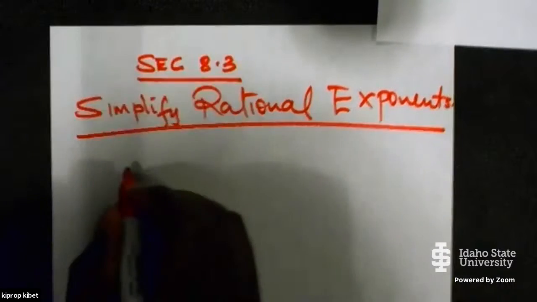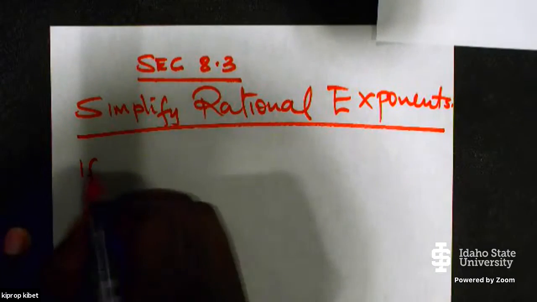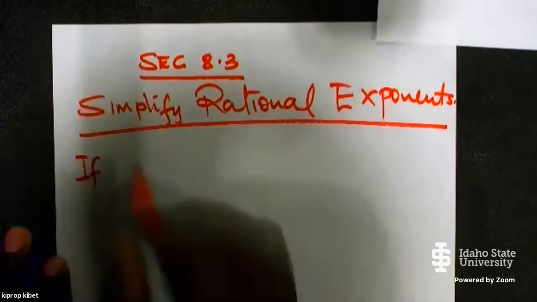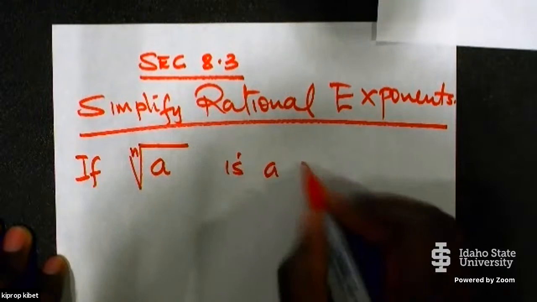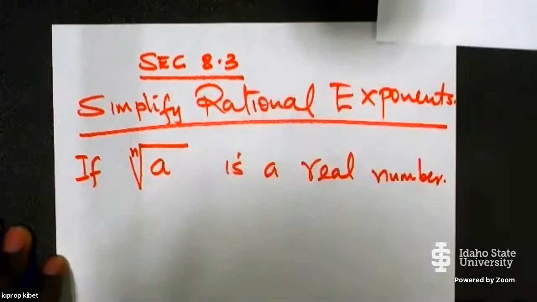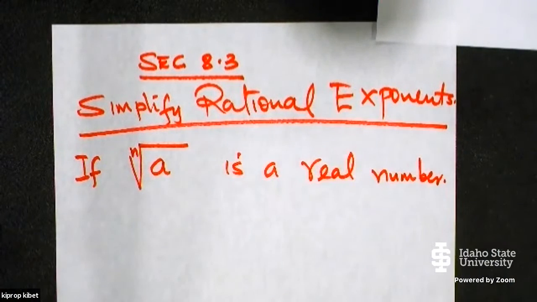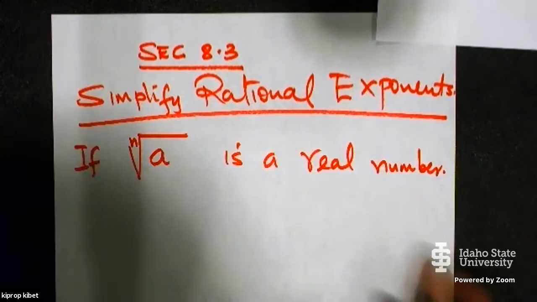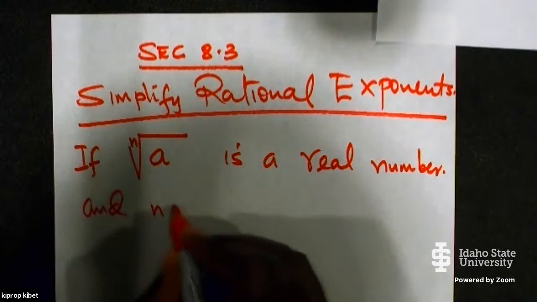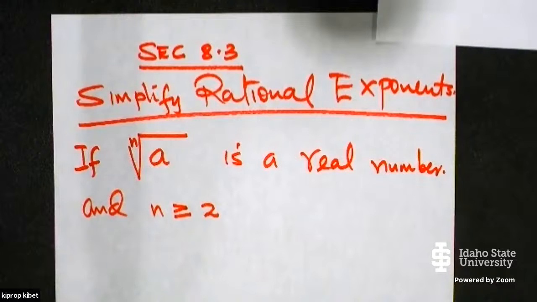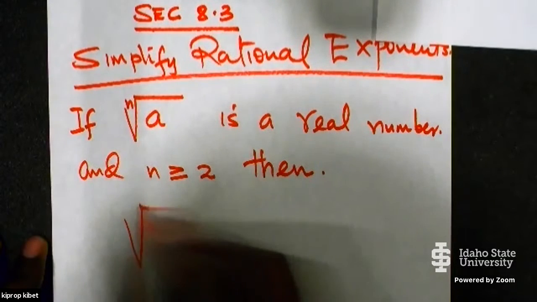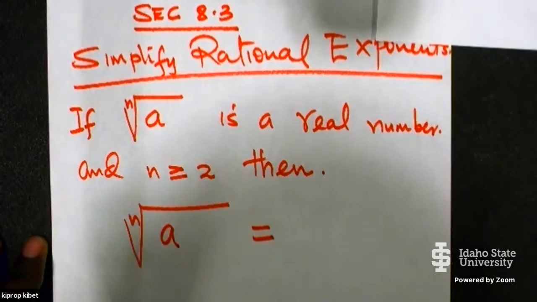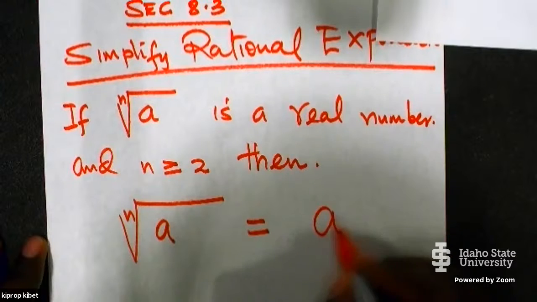Okay, so if the nth root of A is a real number, and n is greater or equal to 2, then the nth root of A is similar to A raised to 1 over n.